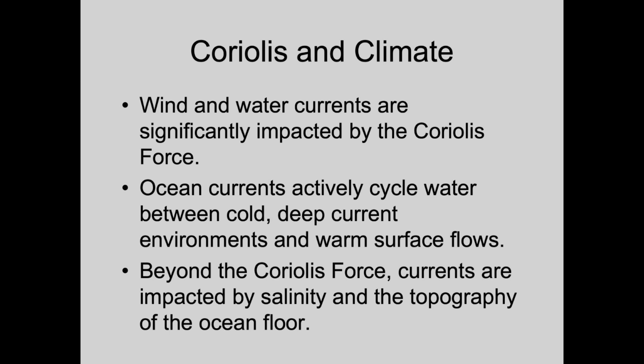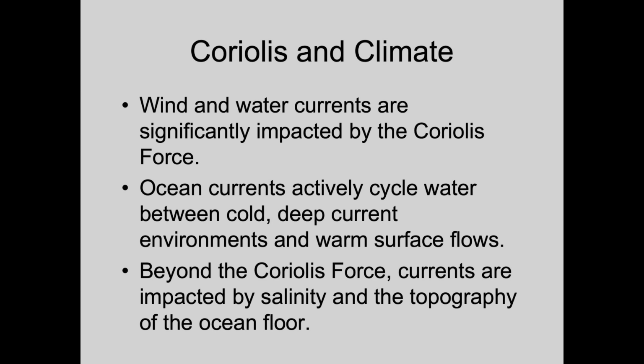A second factor associated with the current configuration of ocean currents is the variation that we see with regard to the depth of our ocean bodies. Another way of looking at this would be to say that ocean currents are also very much a factor of the topography of the ocean floor.